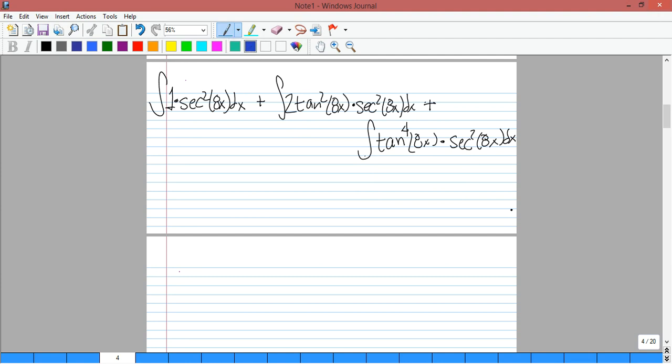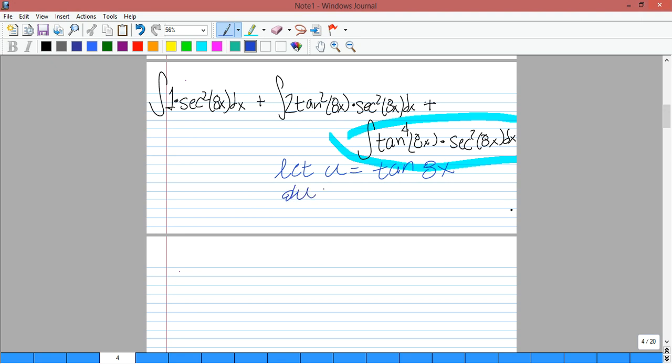So in this last portion that we have, this is the last portion. We're going to let u equal tangent 8x.